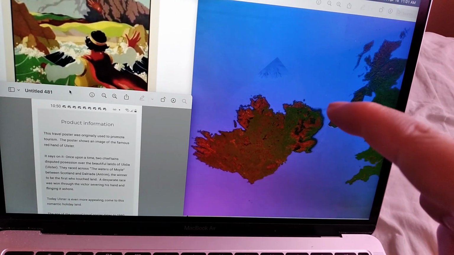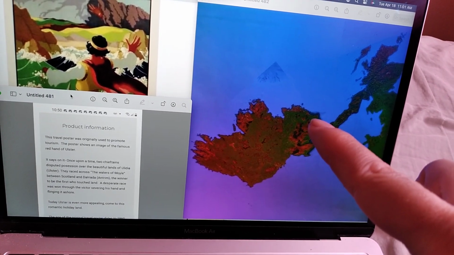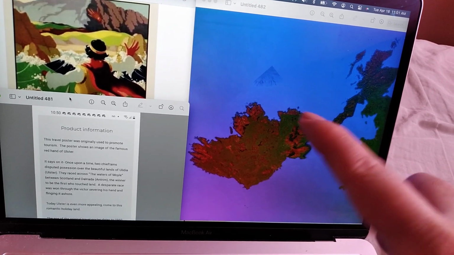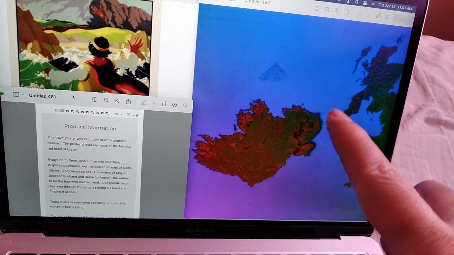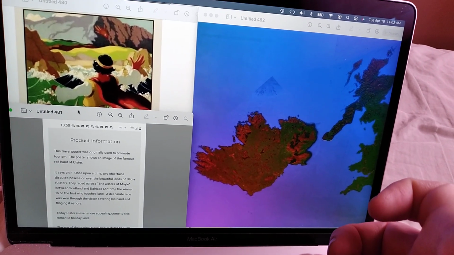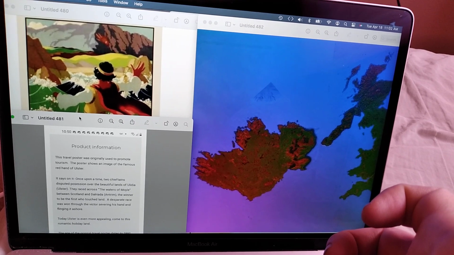Like the Giant's Causeway, right up here somewhere. It's very mythologized, of course, and it involves giants.